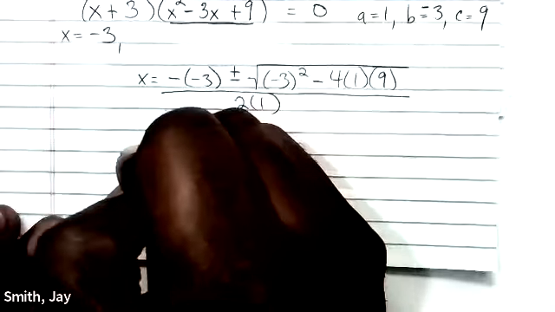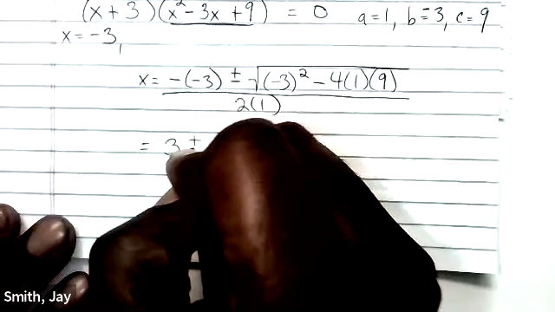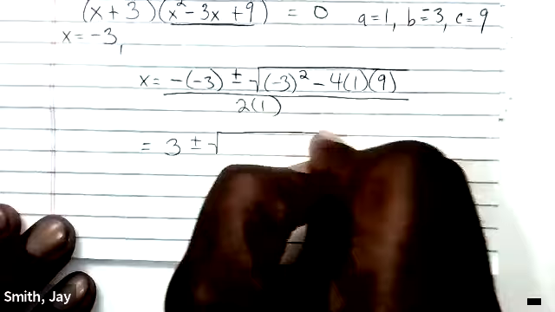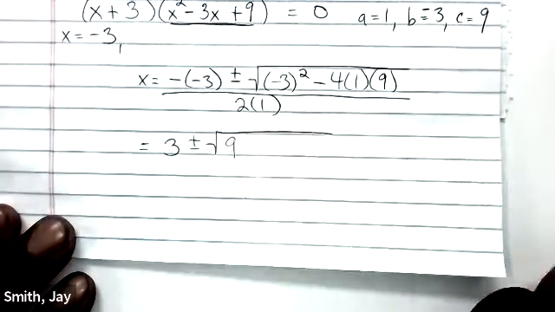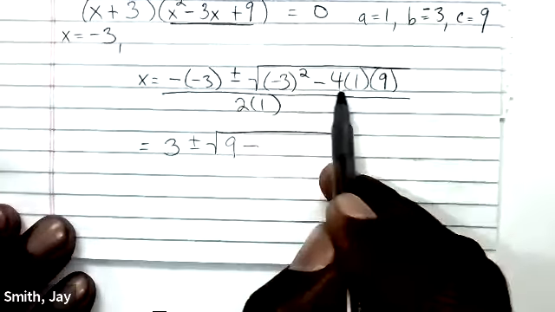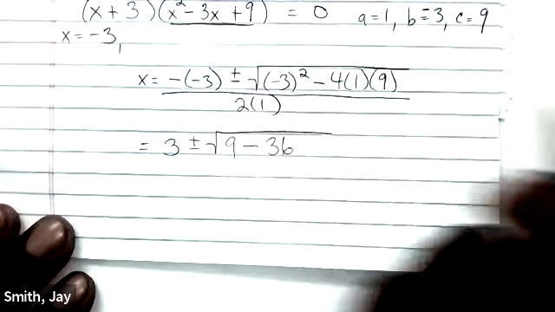Just breaking it down, the negative of -3 is going to give me positive 3, plus and minus the square root. We know 3 squared, or excuse me, negative 3 squared gives me 9, minus 4 times 1, 4 times 9, 36.